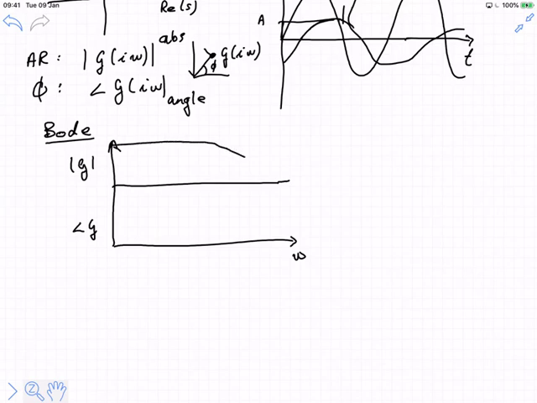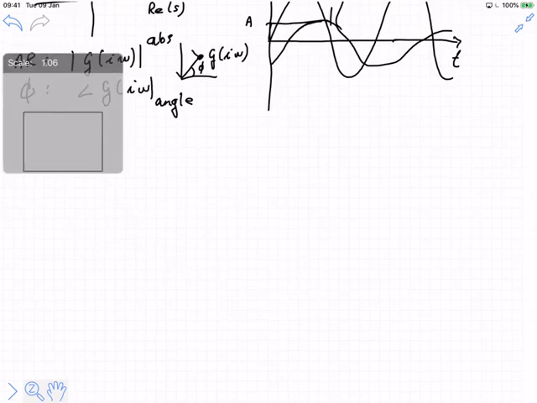Conventionally, they are logarithmic in frequency, right? So this is usually logged. And then the magnitude part of that Bode diagram is also typically logged. And the angle is typically just not logged. And so these diagrams are related in this very special way.